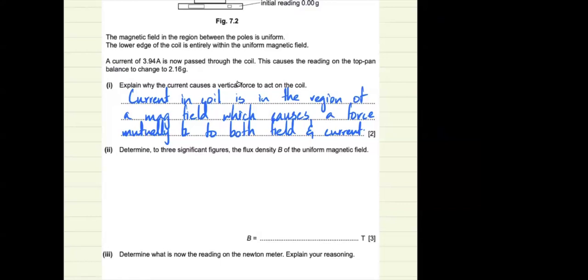Because this increased force, which is now exerted on this, is also equal to the force which will be exerted upwards on the coil, basically as a consequence of Newton's third law, right? So this coil basically pushes down the magnets, which causes the reading to go up. That should equal the force which is exerted upwards by the magnets on the coil. So here, if I think about it, BIL.